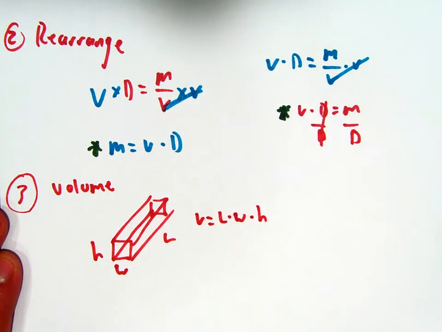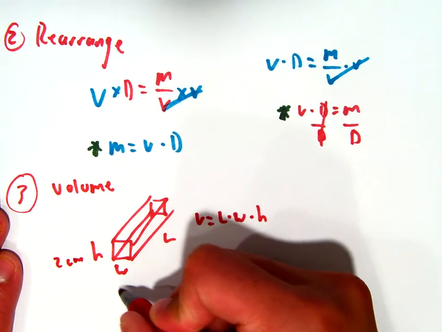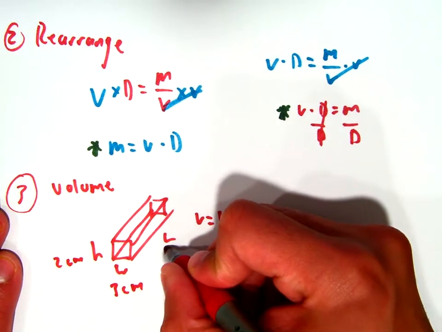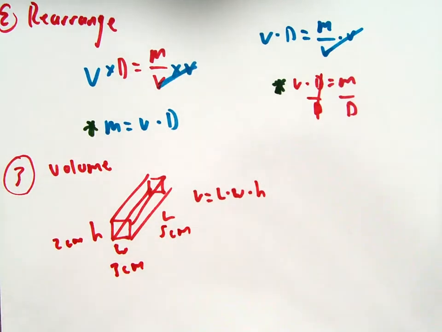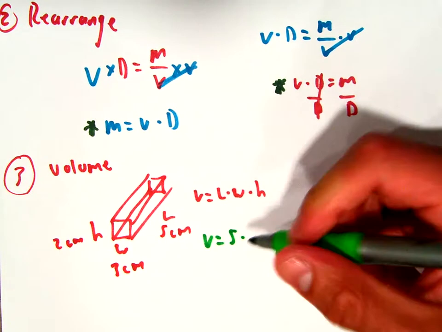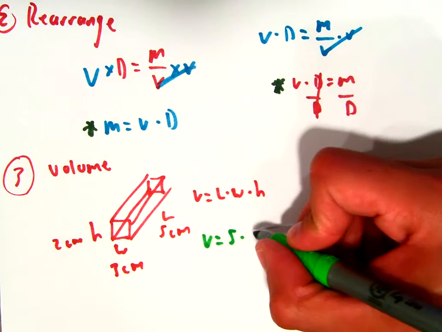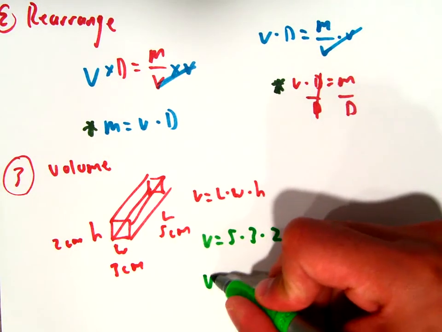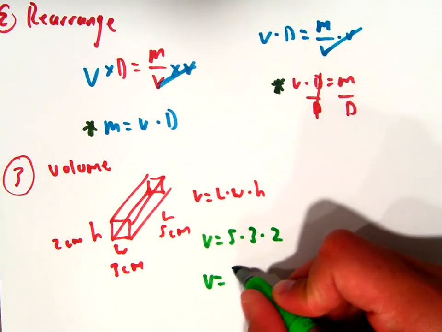Let's say this is 2 centimeters, this is 3 centimeters, and this is 5 centimeters. My volume would equal my length, which is 5, times my width, which was 3, times my height, which was 2. 5 times 3 is 15, and 15 times 2 is 30.